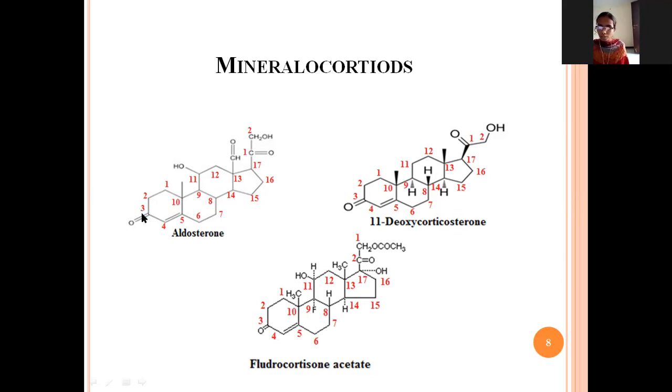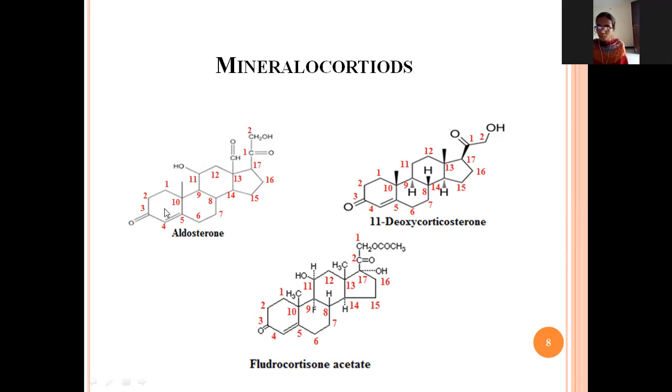Here in the third position, an oxygen group is there, in the 11th position, a hydroxyl group, in the 13th position, a carboxylate, and in the 17th position, 2-hydroxyacetyl. See here 1, 2, two carbon atoms are there. In the second position, a hydroxyl group is there. So it is a 2-hydroxyacetyl structure attached in the 17th position.